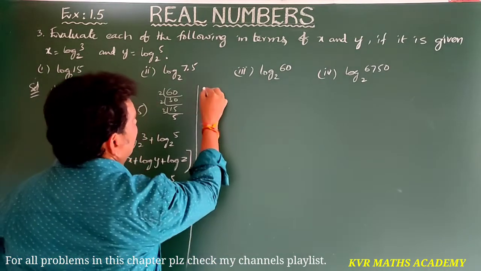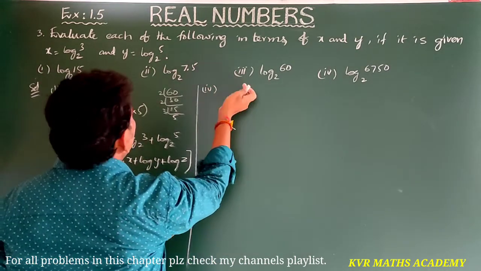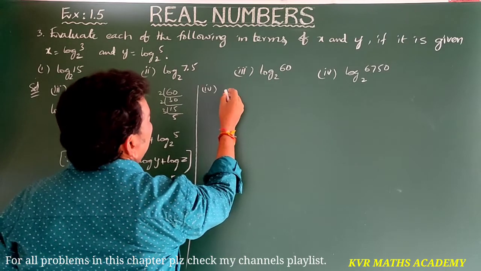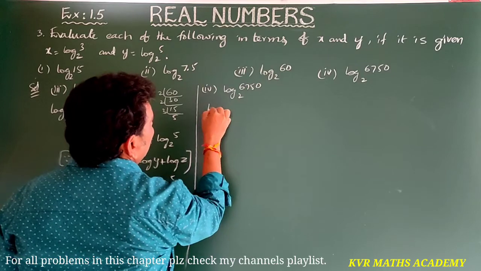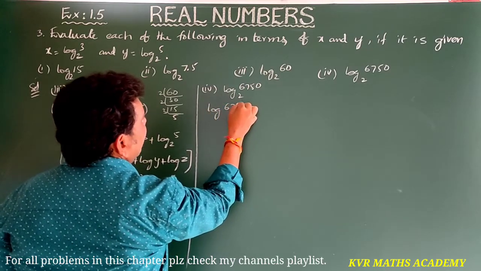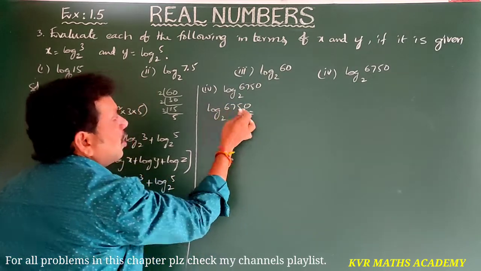Fourth one, the final one in the first sum: log 6750 to the base 2. How can you write this?